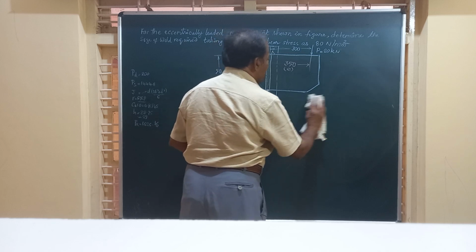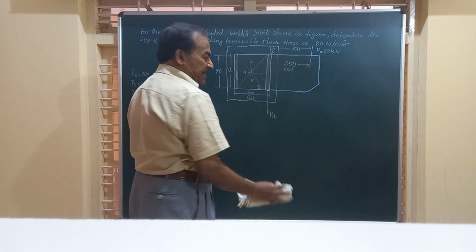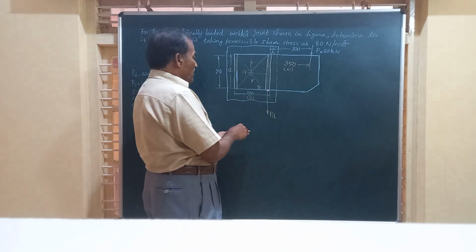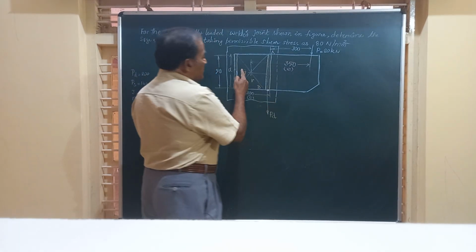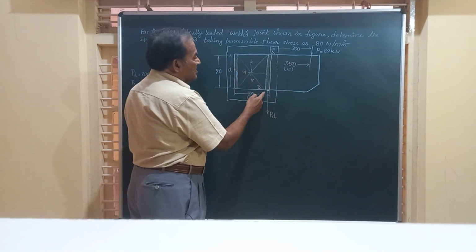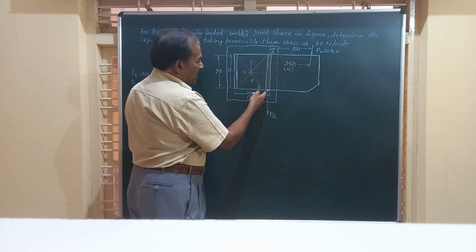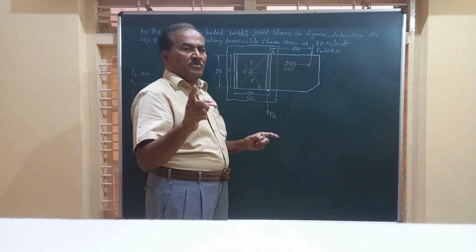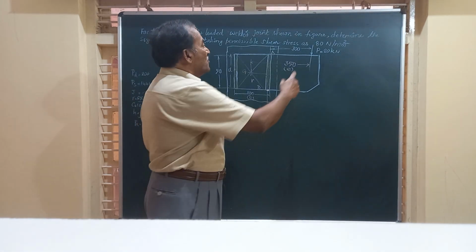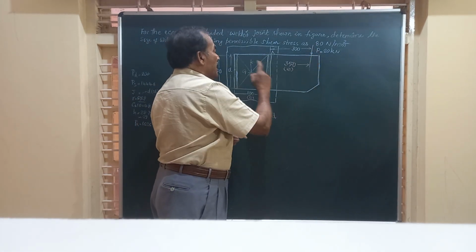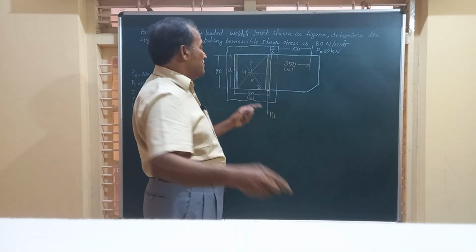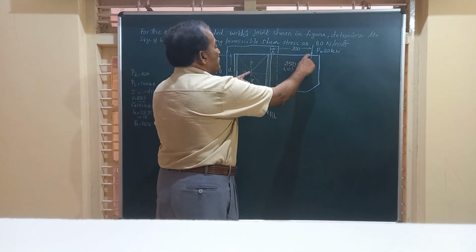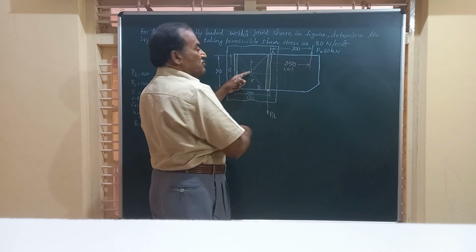Friends, this PS will be acting at the point B normal to this R, meaning perpendicular to R, so as to produce a moment similar to the moment produced by P about G. In other words, about G, P is producing a clockwise moment.